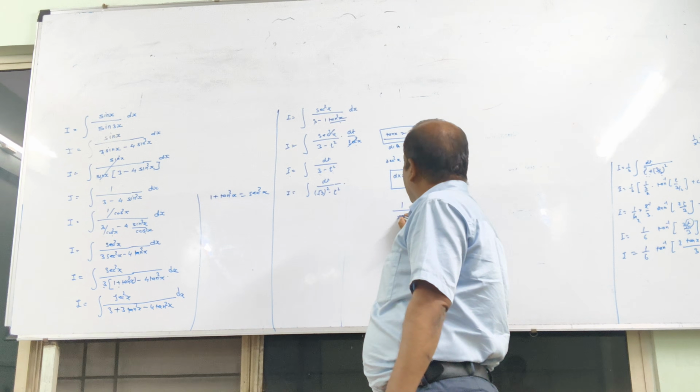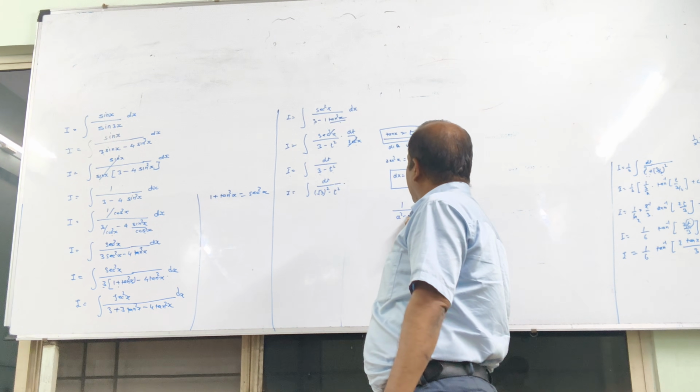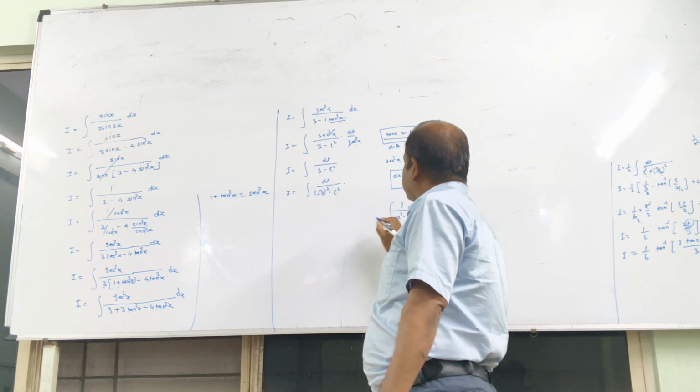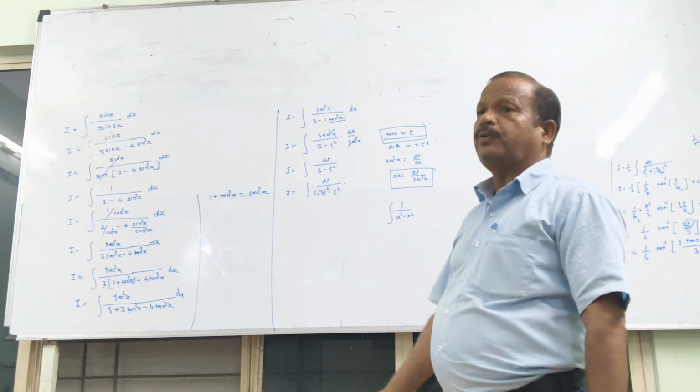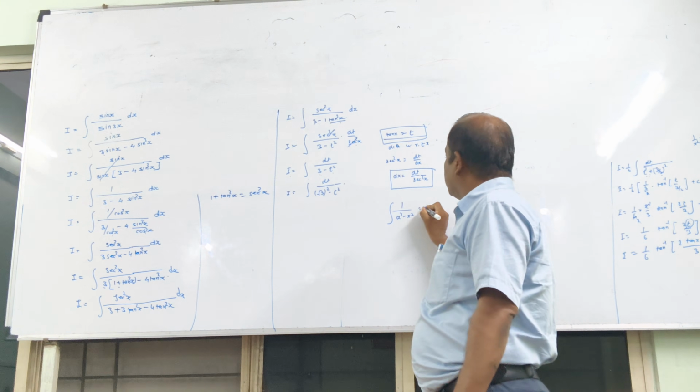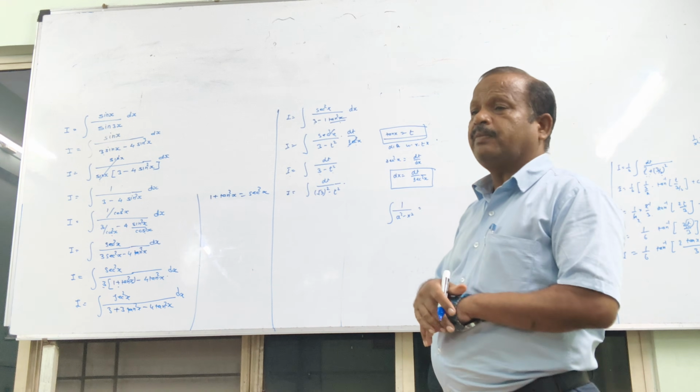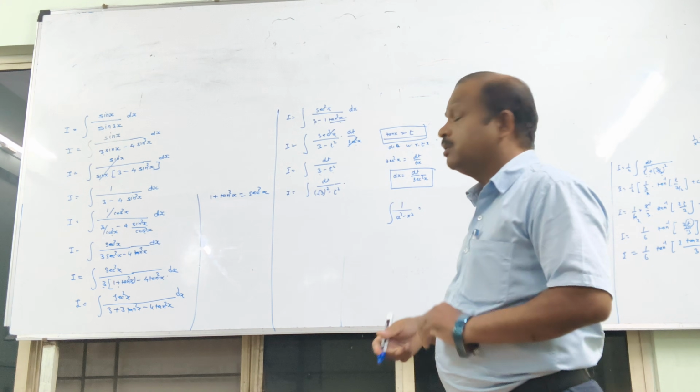The standard formula is for a square minus x square: integration of 1 upon a square minus x square. What is the formula?